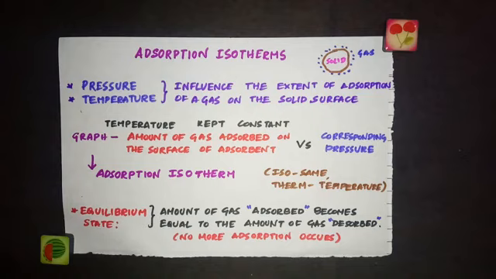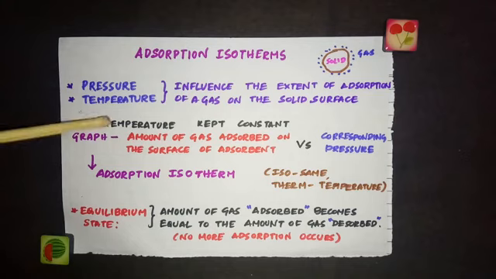If temperature is kept constant, and you draw a graph between the amount of gas adsorbed on the surface of adsorbent and the corresponding pressure, the curve that you get is called as adsorption isotherm because you're keeping the temperature constant.